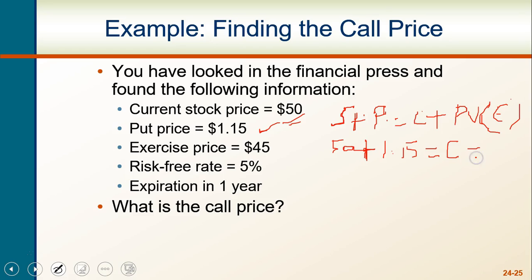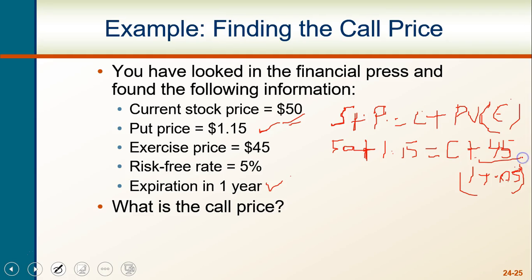And then we can write the present value of the exercise price. The exercise price is $45. So we can write 45 and compute its present value by dividing it by 1 plus the interest rate, 0.05, and then raising it to the power of time, where time is equal to 1 year, because the expiration is in 1 year.